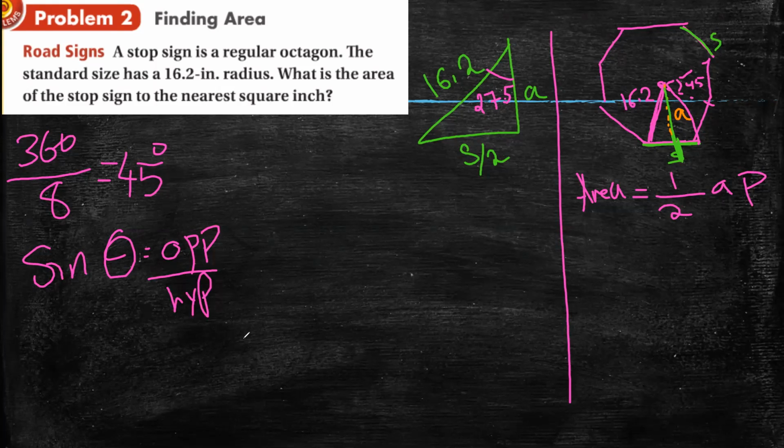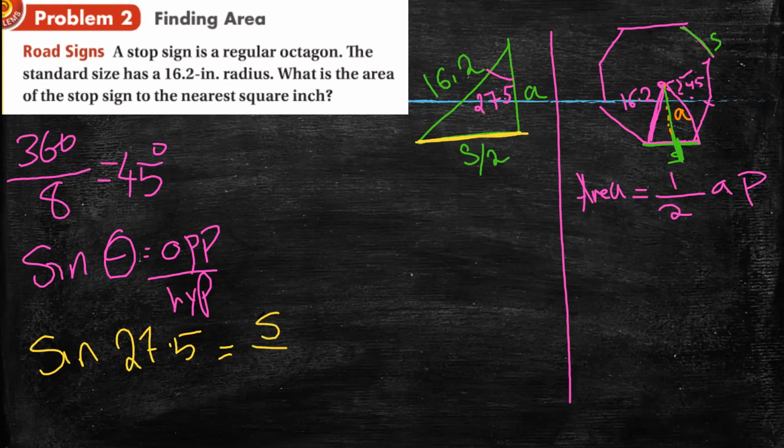For this angle, which is 27.5, what is the opposite side? It is s over 2. And what is the hypotenuse here? It is 16.2.